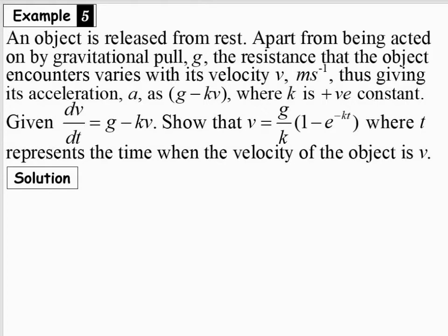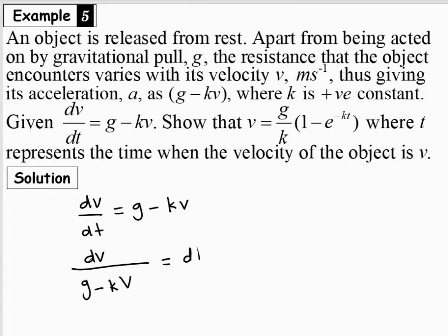So we are going to start from its model. We have dv over dt equals g minus kv. Let's separate the variables. So dv will be gathered with g minus kv, and we have dt on the other side of the equation. Then of course we have to integrate both sides.